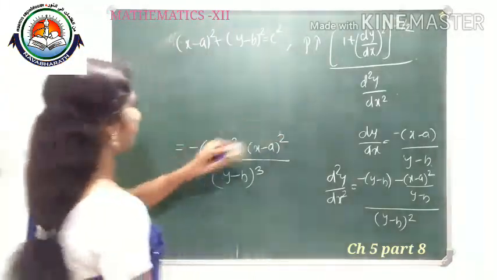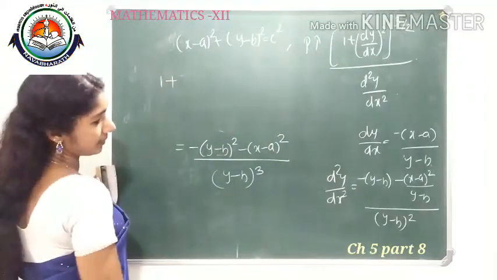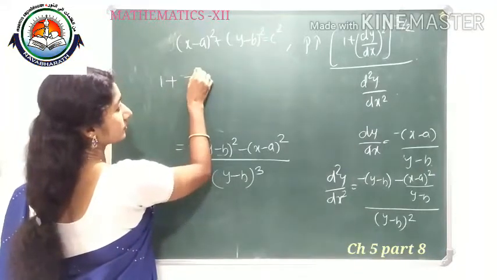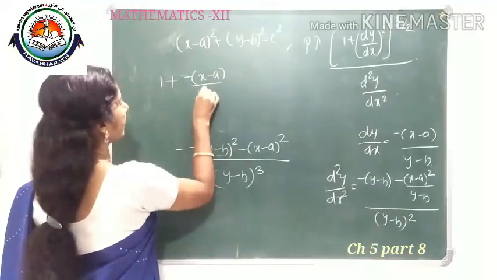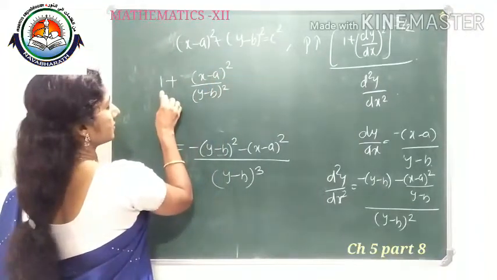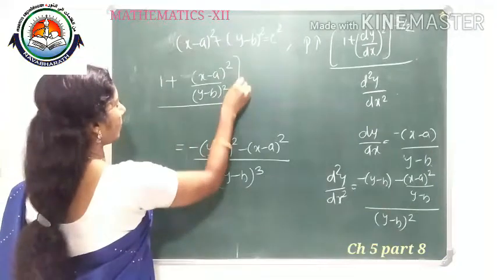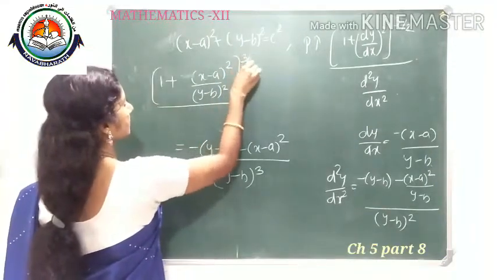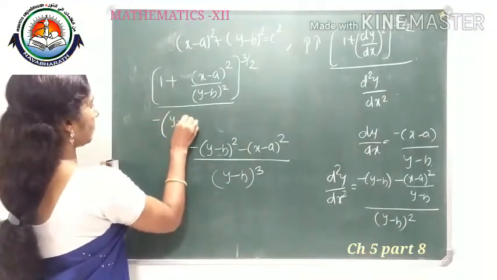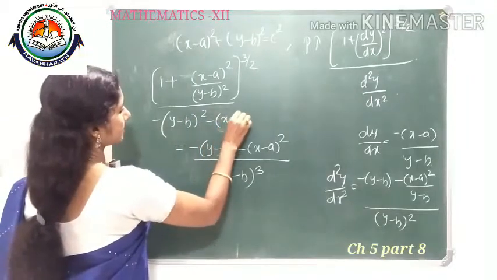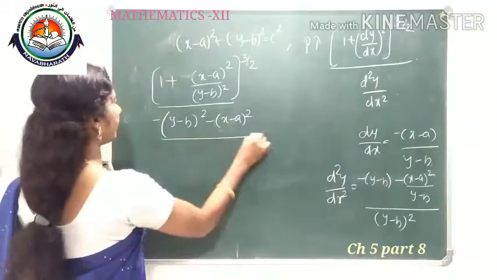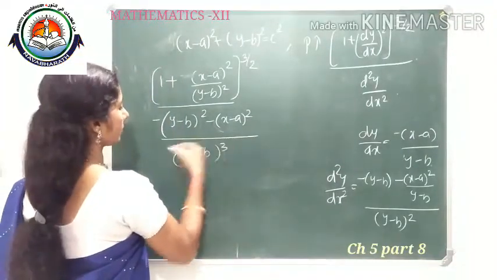Then substitute the values there. 1 plus dy by dx whole square is there. So, minus of (x minus a) by (y minus b), whole square, so it will come plus whole square, divided by all raised to 3 by 2, divided by minus of (y minus b) whole square minus (x minus a) whole square divided by (y minus b) whole cube.